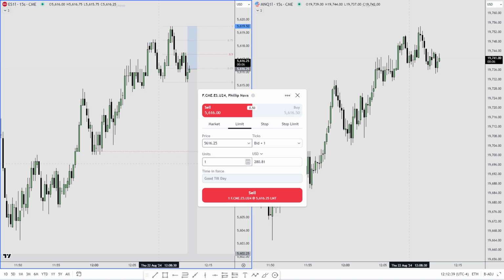As long as it's not closing below, I won't go for shorts.